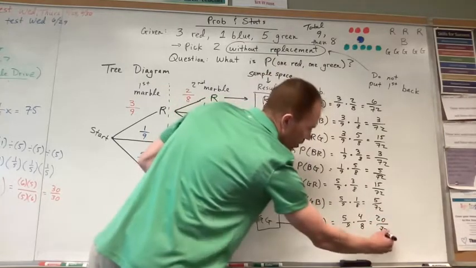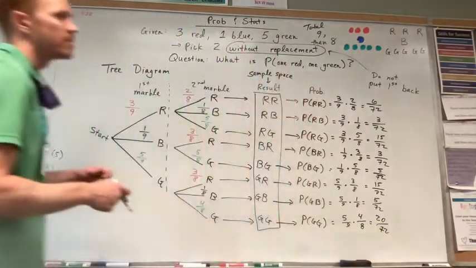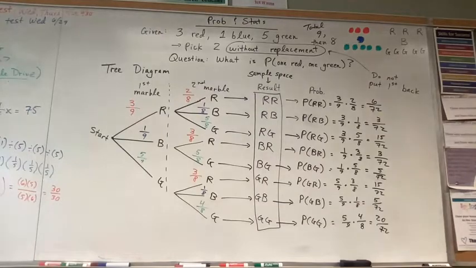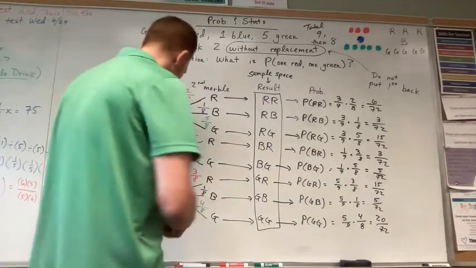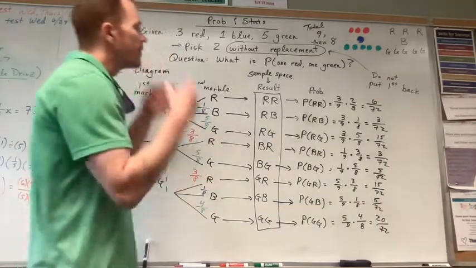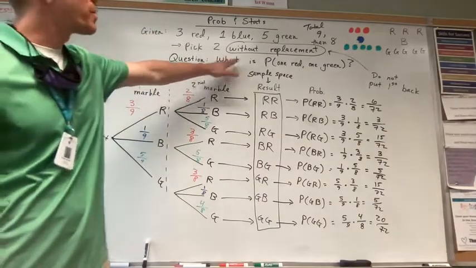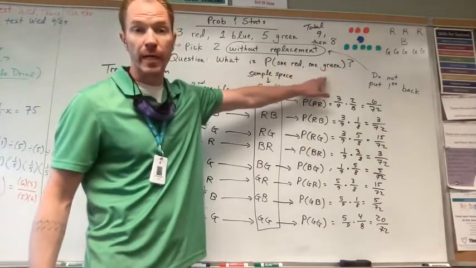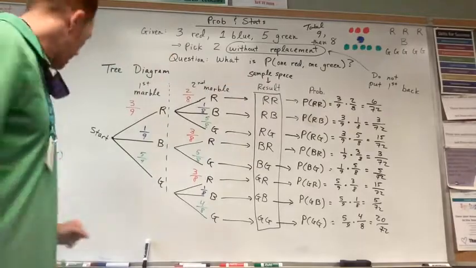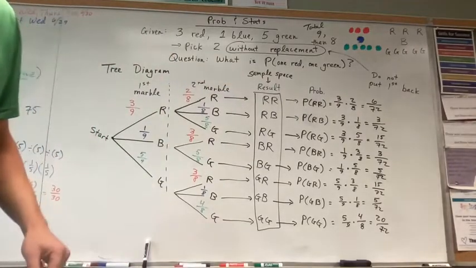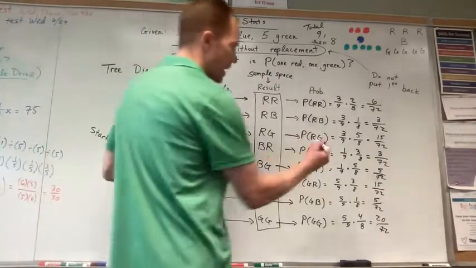Okay, so let's look at the question now. Of course, you can pause this video, but when you're ready, let's think about the question. What's the probability of 1 red, 1 green? So you might think, is that just right here?